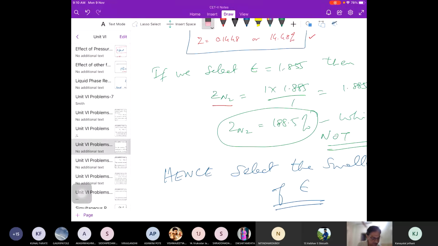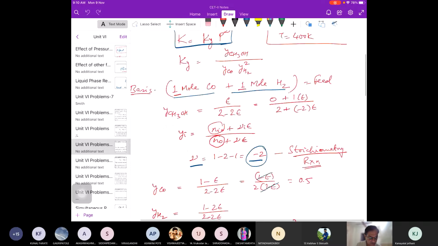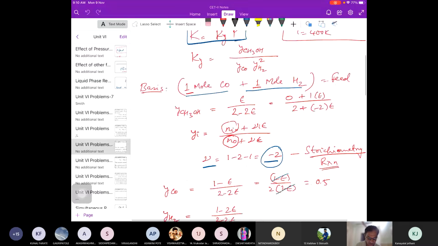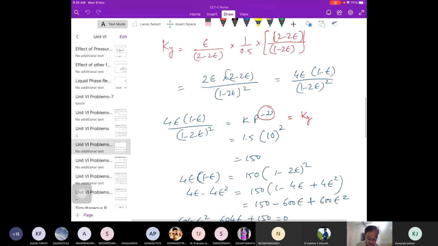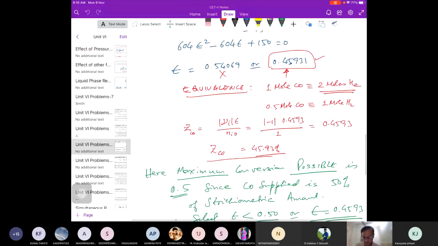Next problem जो हमने देखा था. This was the second problem which we did. In this case, we had both values less than 1. One was 0.54, one was 0.45, right? But the feed given was such that you cannot have more than 50% conversion. ये हमने discuss किया था, right?